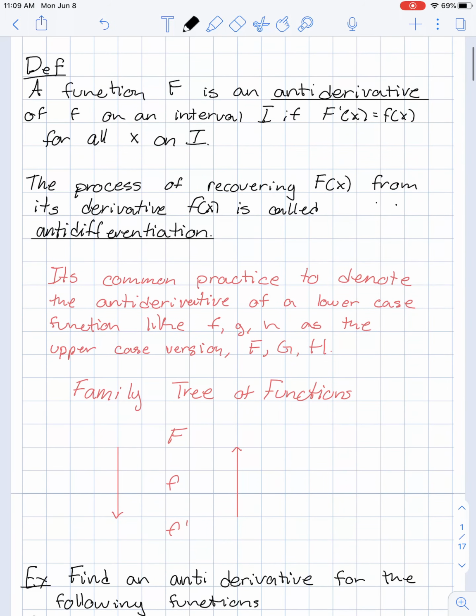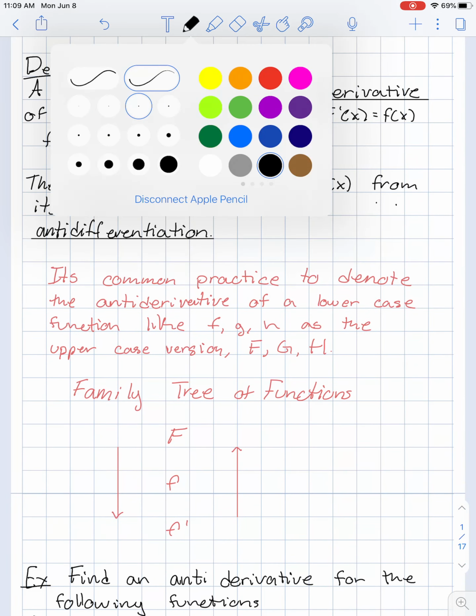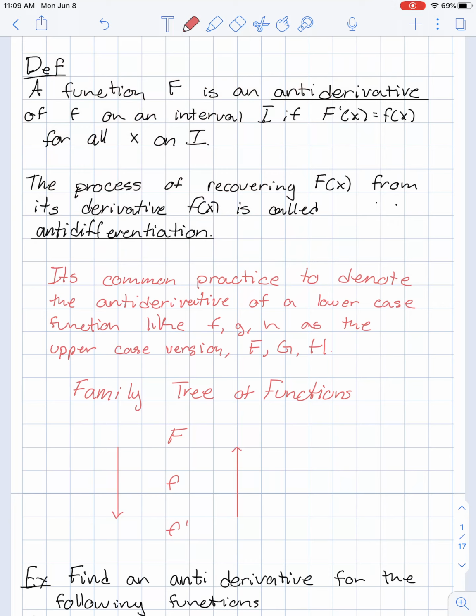I like to make this little family tree. If I have little f or little g or little h or even lowercase theta, its antiderivative is going to be the uppercase version of that. So capital F, or we say big F, big G, big H. Lowercase and uppercase take too long to say, so we say little f or big F. I call this the family tree of functions.